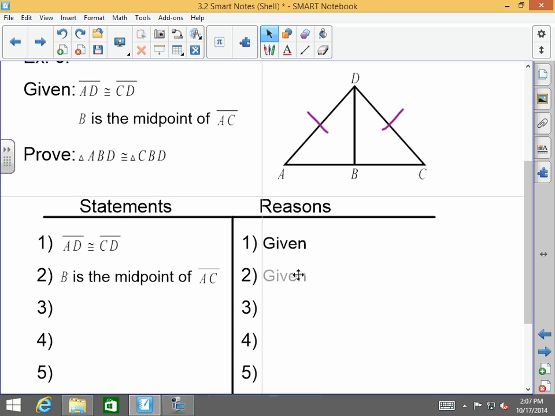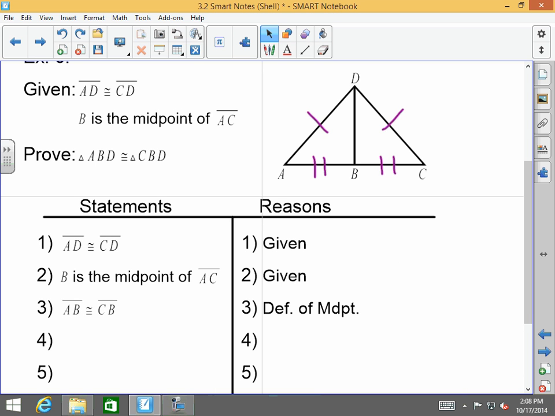That could be my next statement and reason. But knowing that B is the midpoint of AC, what does that tell you? Beautiful, son. Segment AB must be congruent to BC, and that's simply the definition of midpoint.